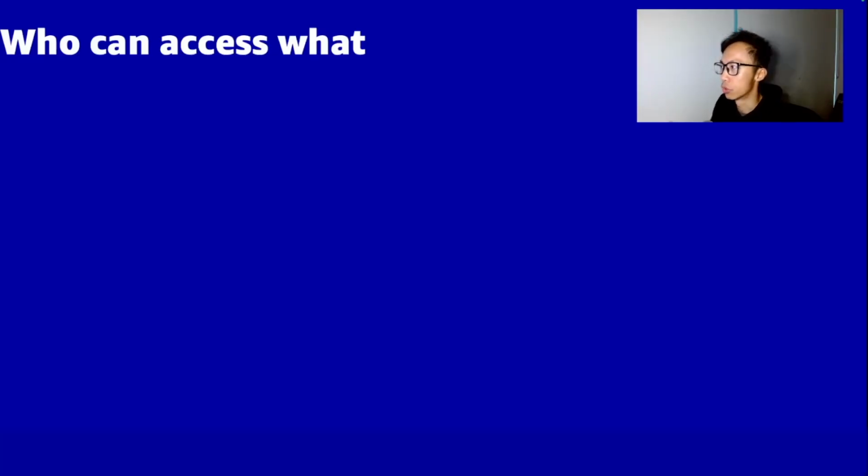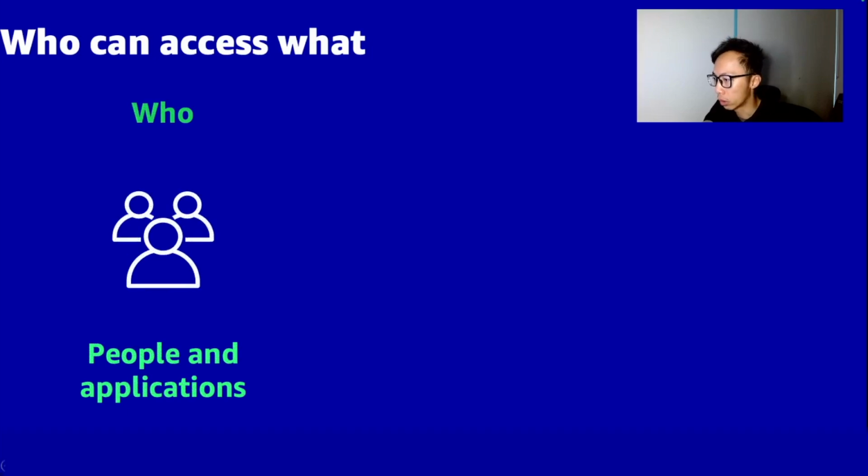Just a couple of steps to review and look at what you would normally use IAM for, which is always about who can access what. So who, including those we call IAM principals, essentially refers to the people or applications, like the people from your organization who need to get access to your AWS environment, or those applications running on Lambda or EC2 who need to act on your behalf.